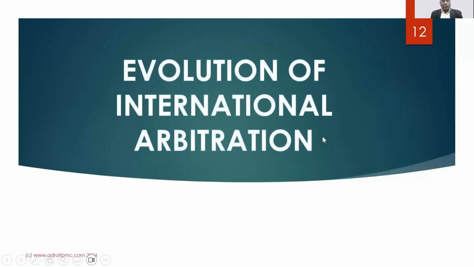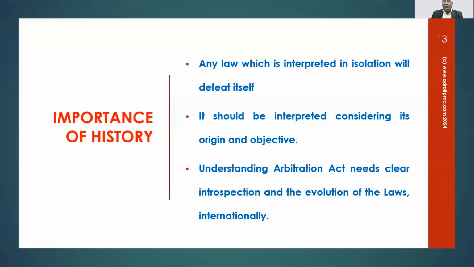All right. So now let us know the evolution, the history of international arbitration. You may think why we should know the history of arbitration. Because if you look at anything in isolation, then you may not know the objectives of the process.